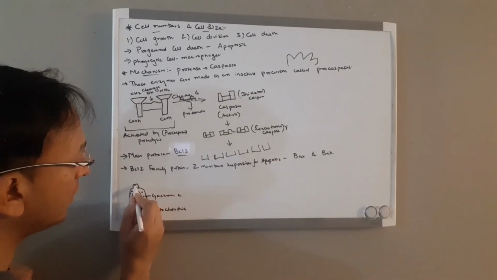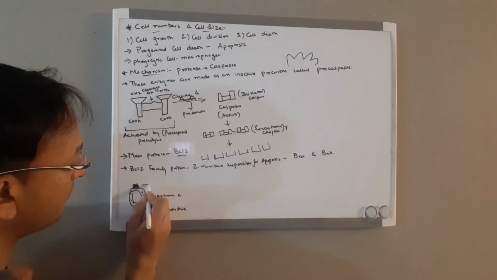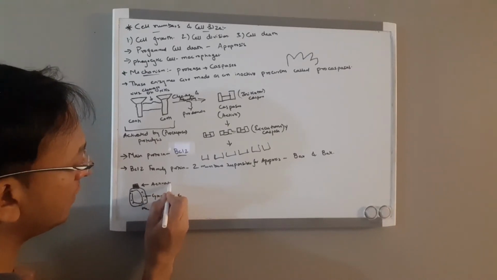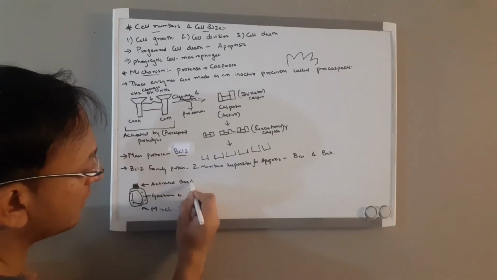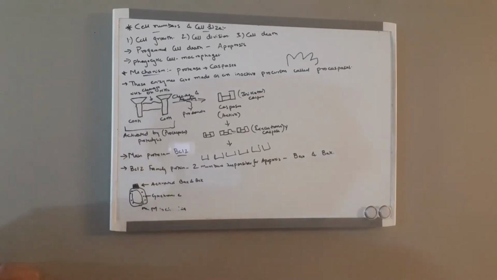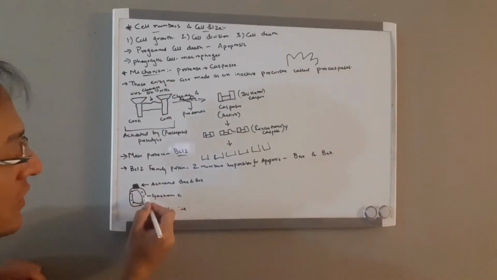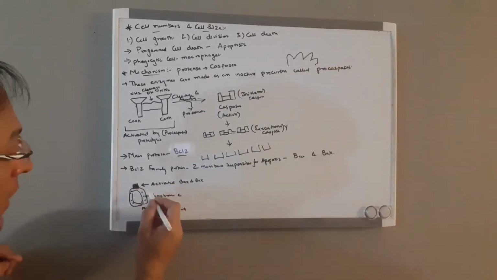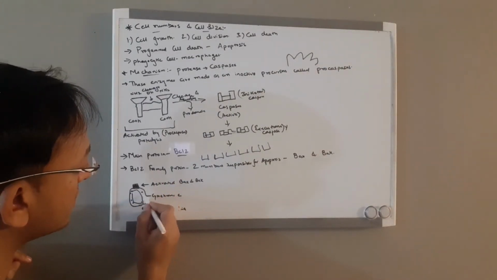For example, this box will say activated BAX and BAK. As they accumulate in the outer mitochondrial membrane, this leads to the release of cytochrome C into the cytosol. The mechanism is unknown, but it starts going outside.